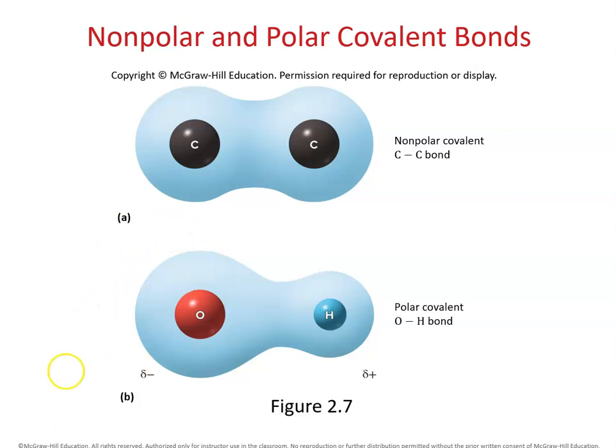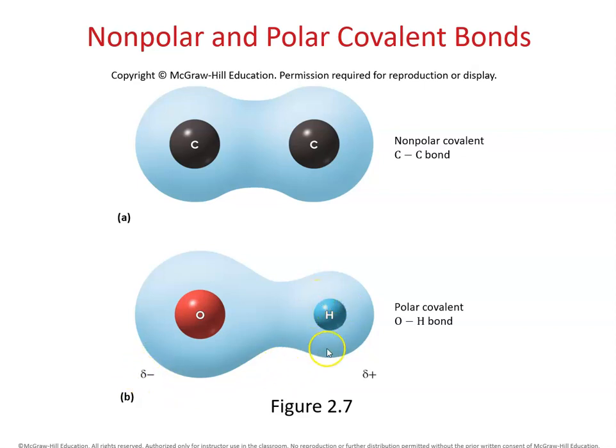As the oxygen holds on to those electrons more tightly, and electrons have a negative charge, this area of the molecule is going to have a partial negative charge. It's not a full negative charge like we saw with our chloride when the electron was fully transferred.